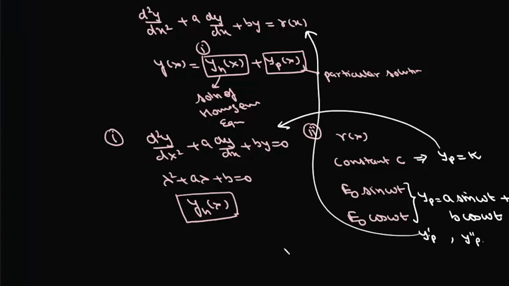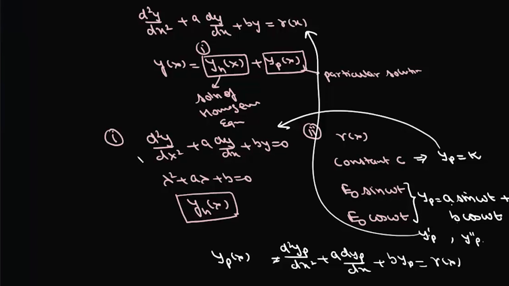So we'll get d square yp upon dx square plus a dyp upon dx plus byp, and this is equal to Rx. From here, you'll get the value of these constants k or a, b.